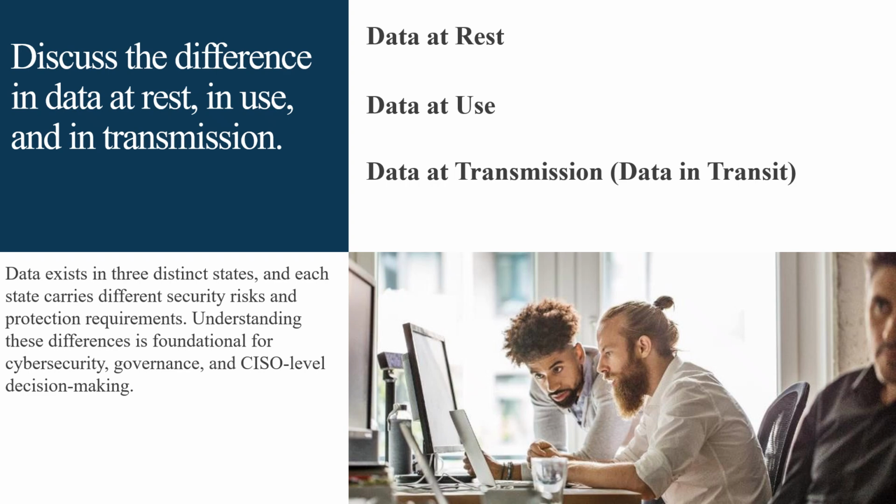First, let's talk about data at rest. That is inactive data that is stored, resting on media: hard disk, tape, database, or spreadsheet. Data in use: data being used in computing activities. Data in transit: data flowing across a network such as the internet.